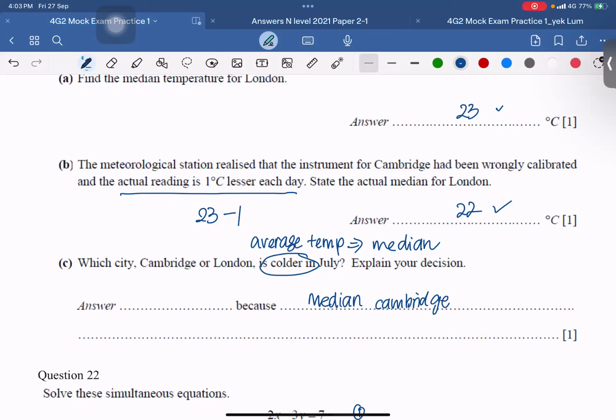The interquartile range is to compare consistency. So the median for Cambridge equals 22 degrees, lesser than the median for London, which is 23 degrees. Therefore, Cambridge is slightly colder.